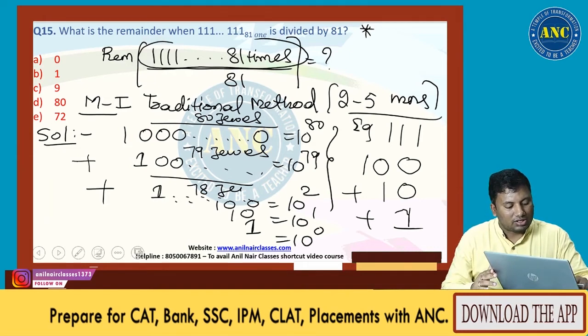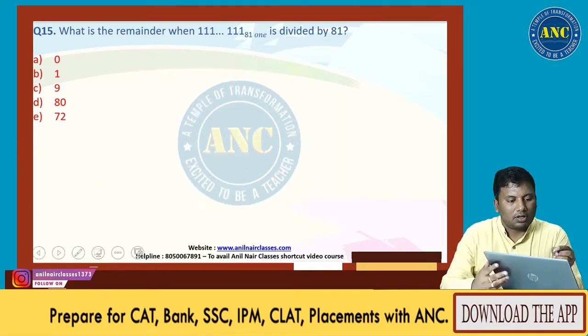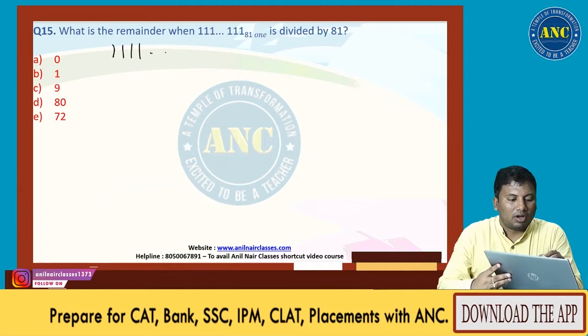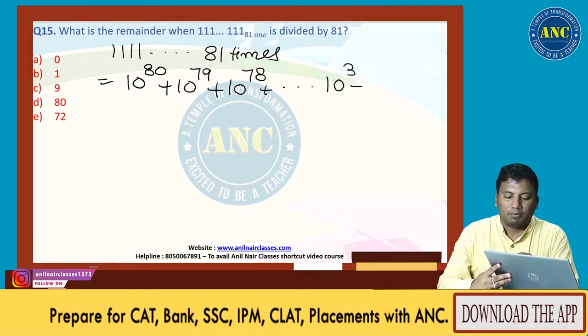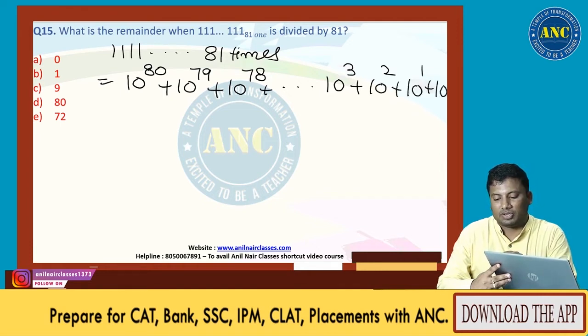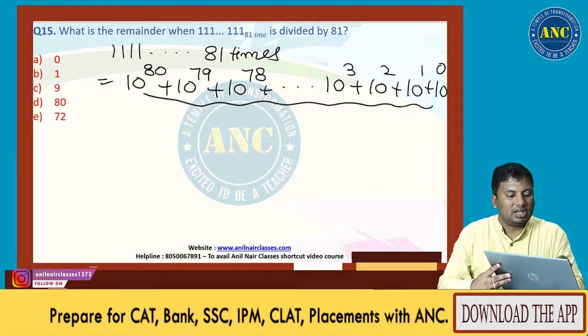Now, 1 written 81 times is 10 power 80 plus 10 power 79 plus 10 power 78 and so on up to 10 cube plus 10 square plus 10 power 1 plus 10 power 0. This entire series is a GP series.